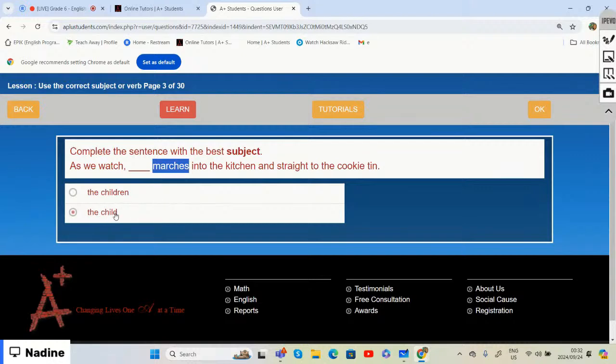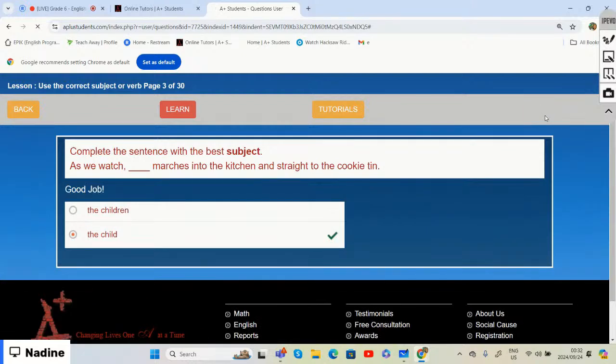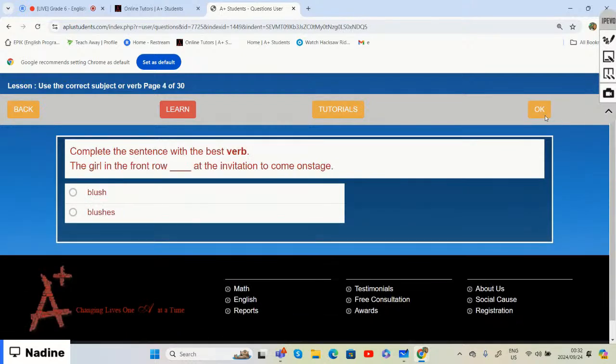So we will say the child marches. One person, one animal, one place, or one thing, that is a singular subject. And the verb that agrees with the singular subject ends with an S, ES, or IES.